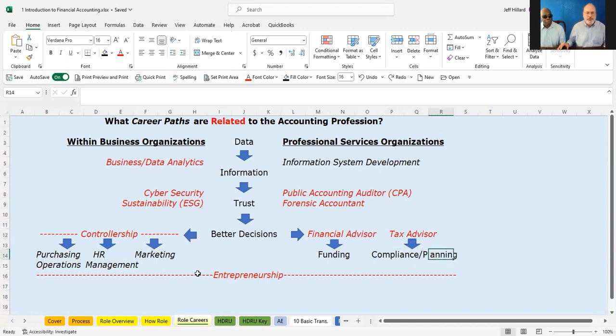And finally, a lot of you might be thinking about starting your own business. And we'll look at entrepreneurship. It spans this whole range. And again, some of you might be involved with marketing or operations, et cetera, et cetera. There's a lot of things on here that are related to the accounting profession.